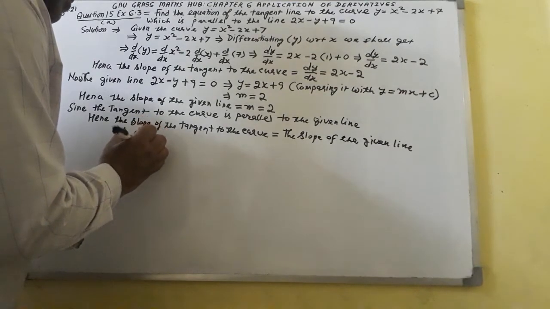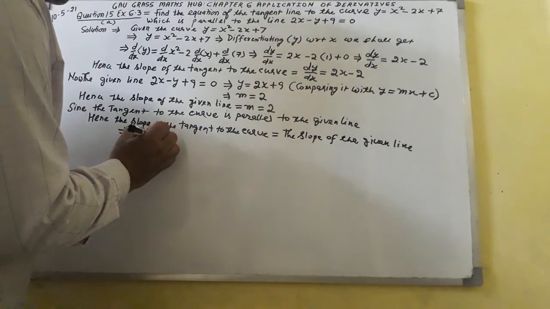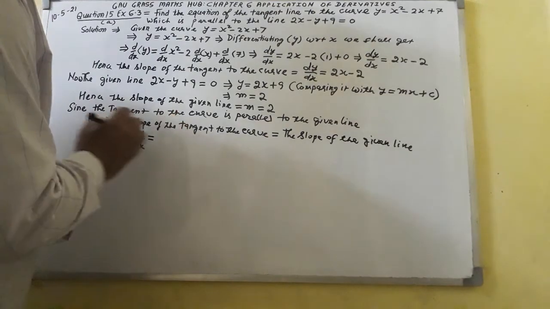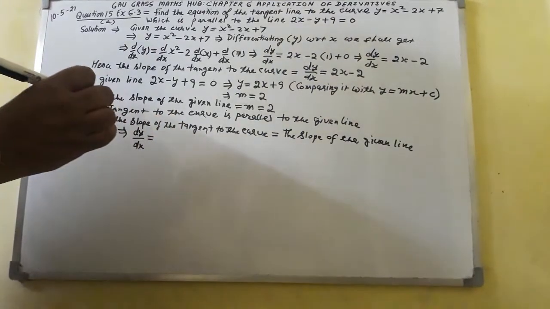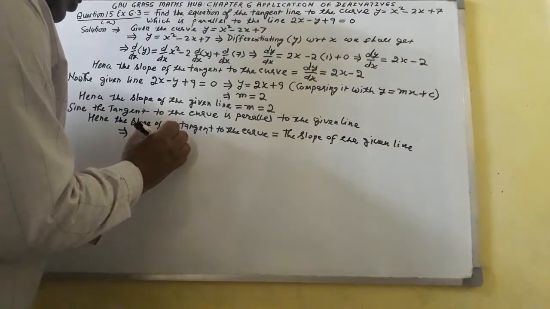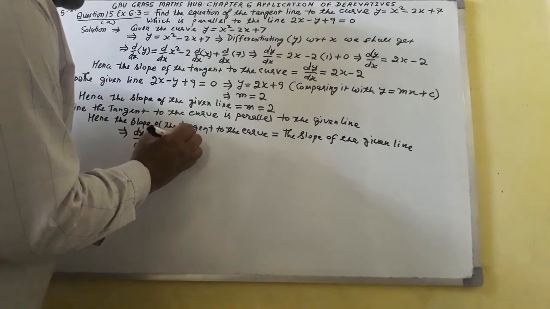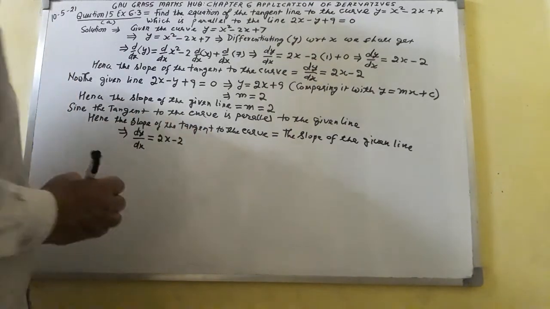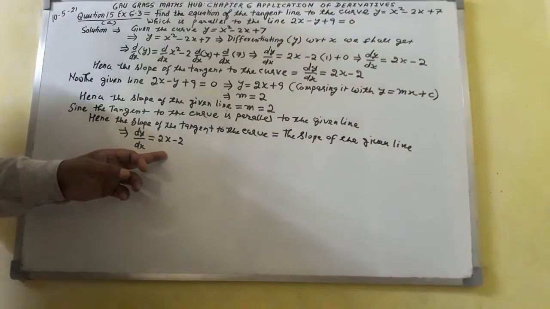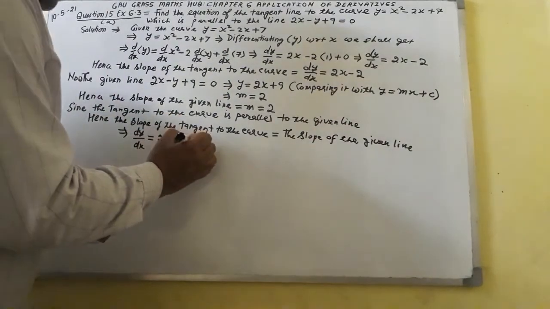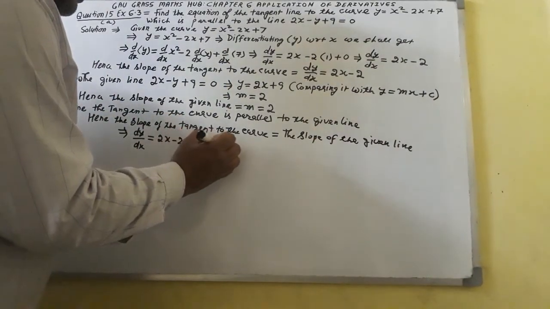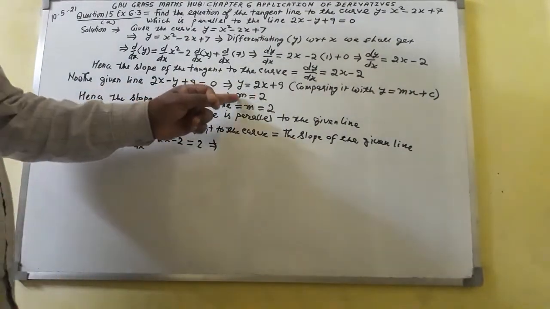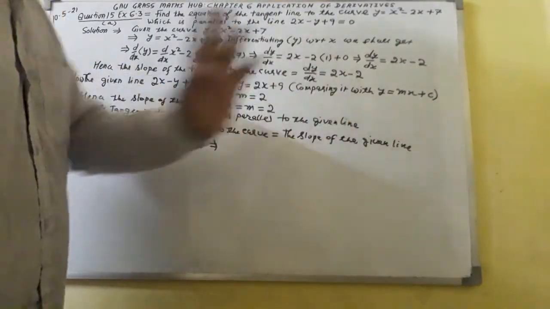Hence dy over dx equal to 2x minus 2, dy over dx equal to 2x minus 2 equal to 2. So here I shall write m equal to 2, the slope of the given line.